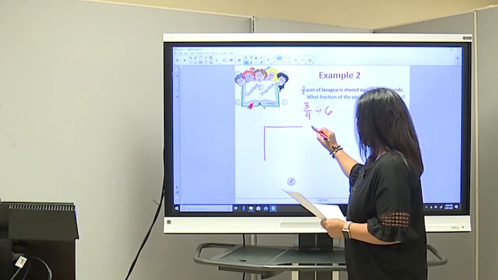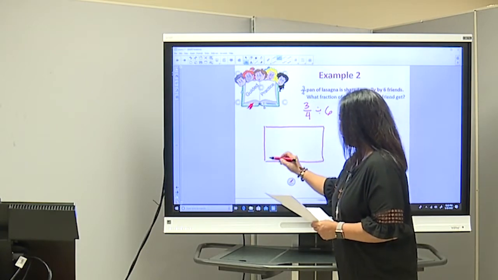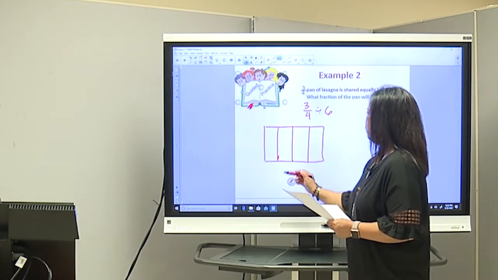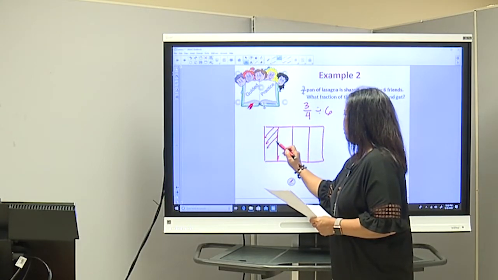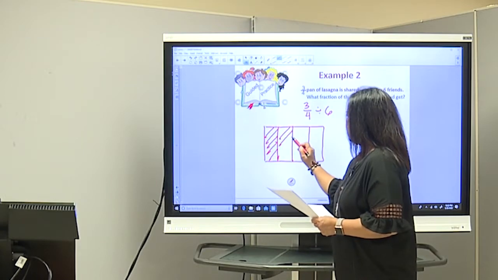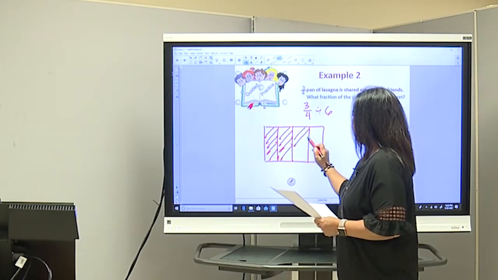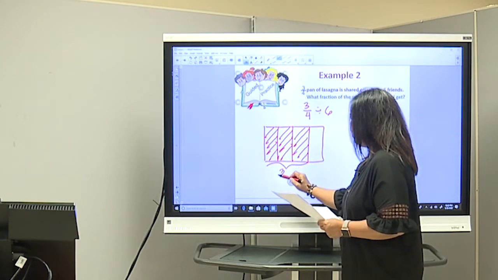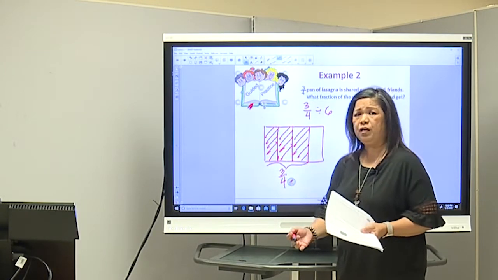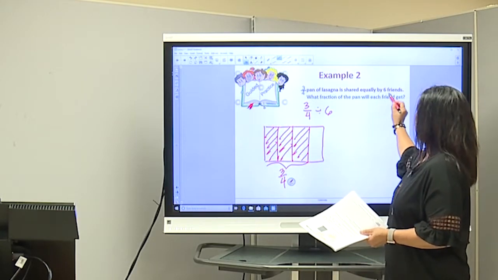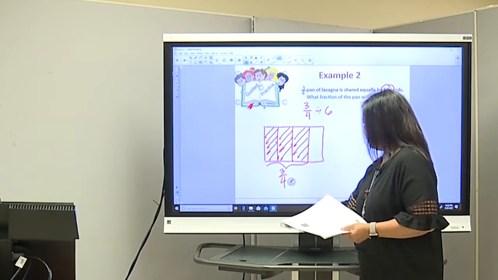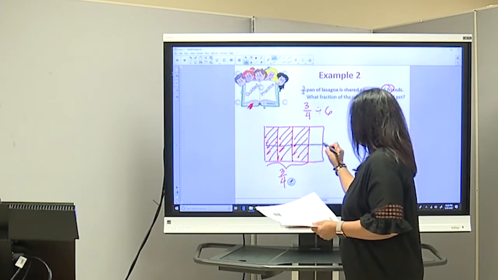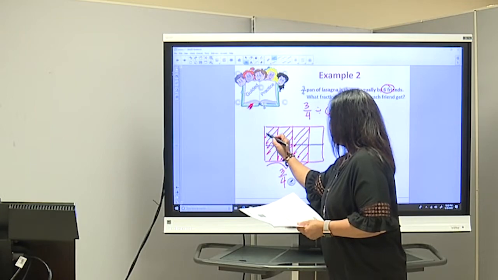Here we go. I'm going to start with 3/4. 1, 2, 3, and 4. So I'm going to shade 3 parts to show 3/4. Here is my 3/4. How many friends are sharing this lasagna? There are 6 of them. So in my model, I am going to divide this into 6.